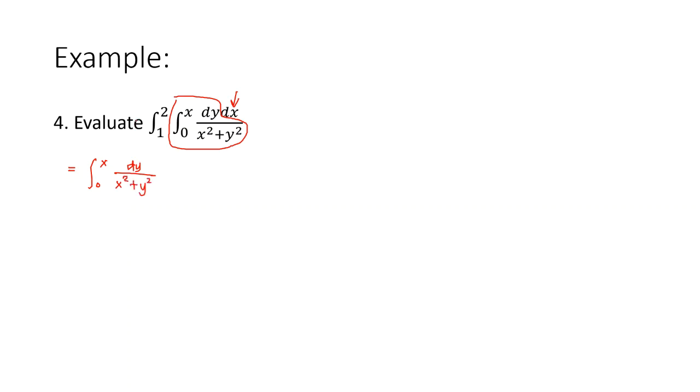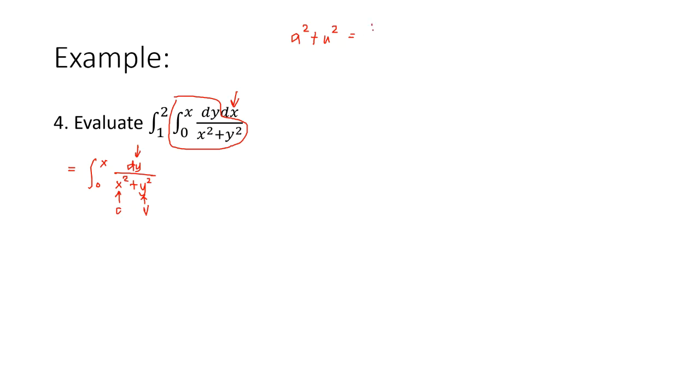And again, since we are integrating in terms of y, meaning to say x squared here is constant, right? And y here is our variable. So that looks like a squared plus u squared, which is equivalent to arctan.